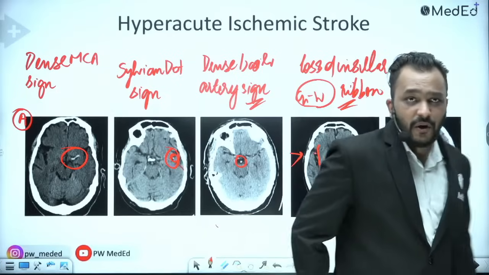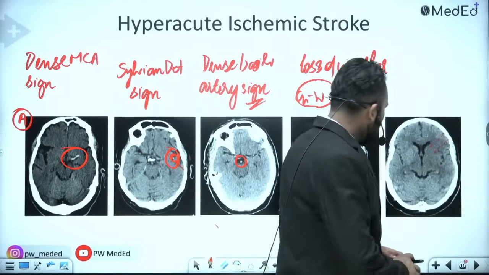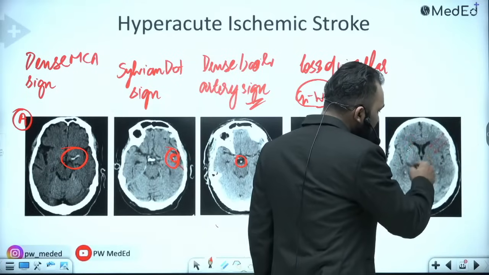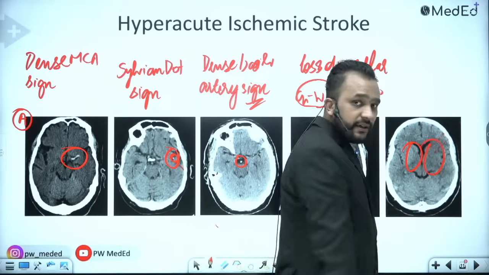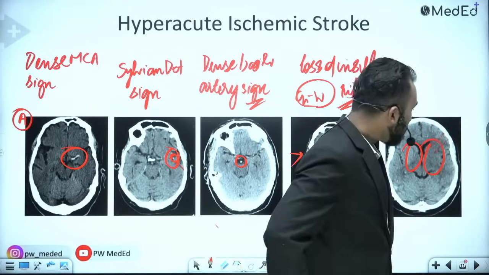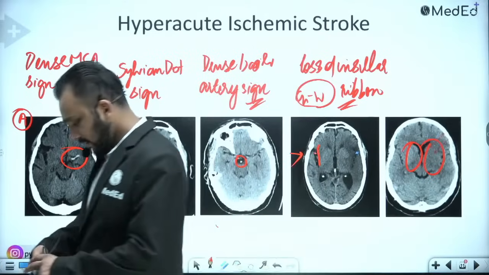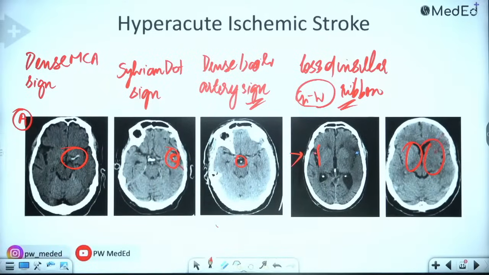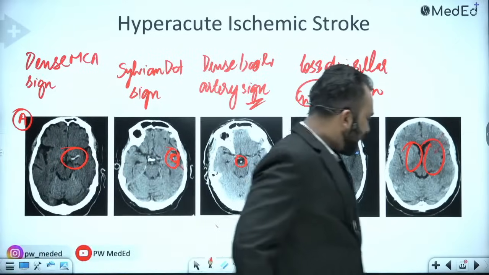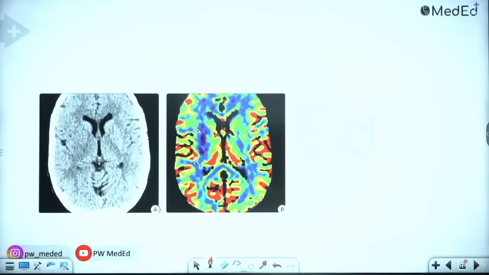On the right side, basal ganglia is seen, but on the left side you can see that basal ganglia is not seen. This is your obscuration of the lentiform nucleus.